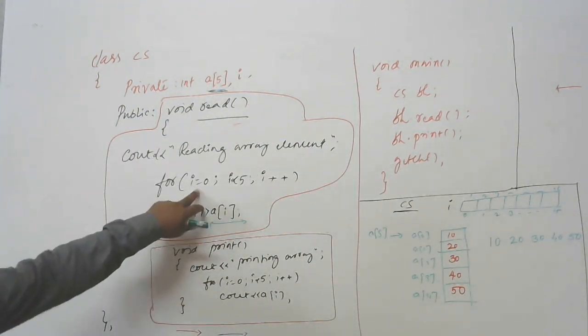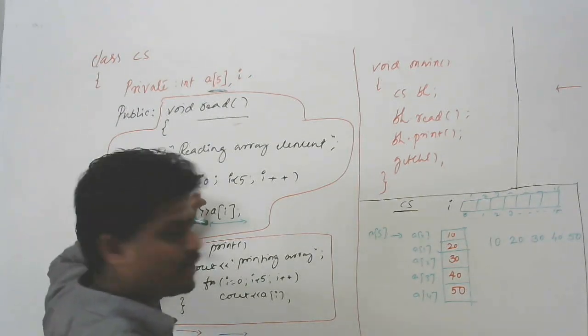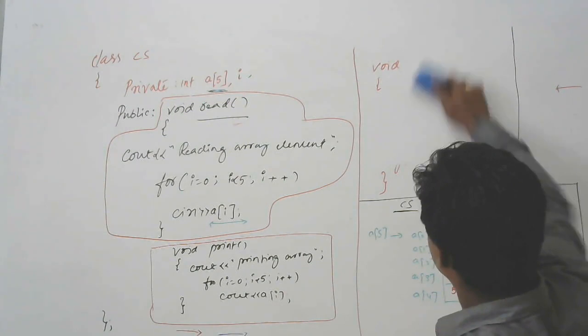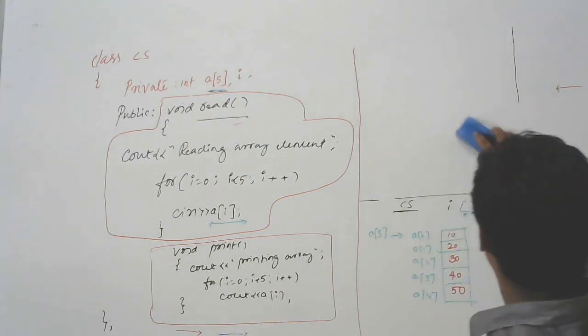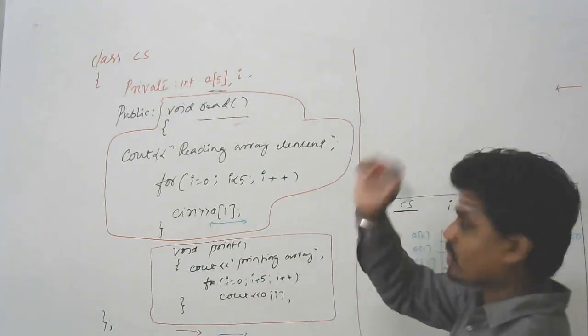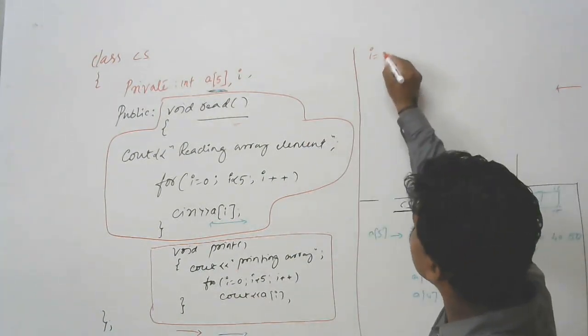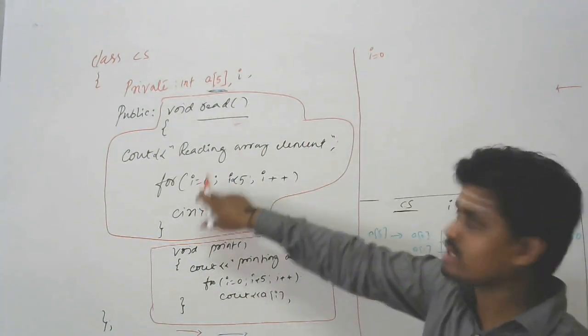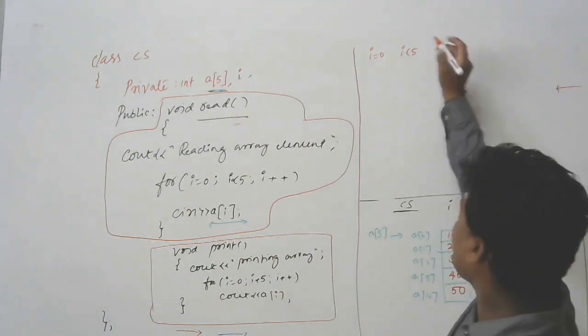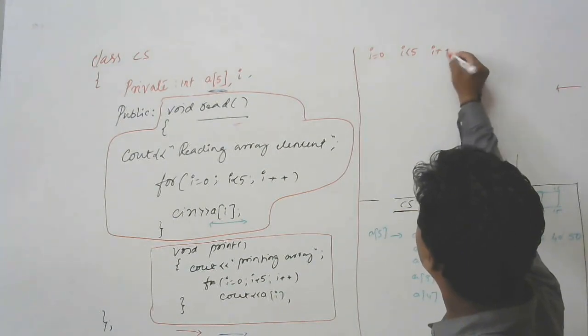I am going to remove this particular thing so that we will get space to write the explanation part. I equals 0. Then I is lesser than 5, I plus plus.